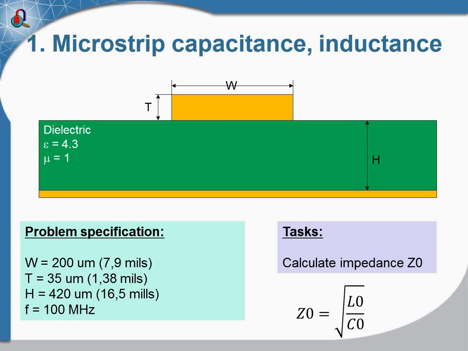The impedance of the line can be calculated as the square root of the self-inductance to self-capacitance ratio. So our task is to calculate the self-capacitance and the self-inductance. The geometry model is very simple, so I will create the problem from the very beginning.